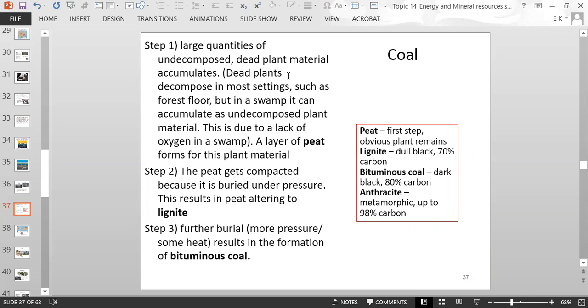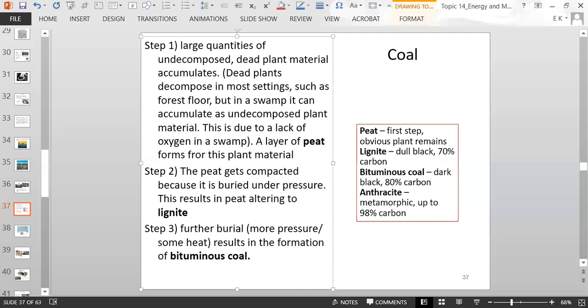So peat looks like plant remains, but it's the starting point of coal. The next step is that the peat gets compacted as it gets buried under more layers, and it starts to alter into something called lignite.